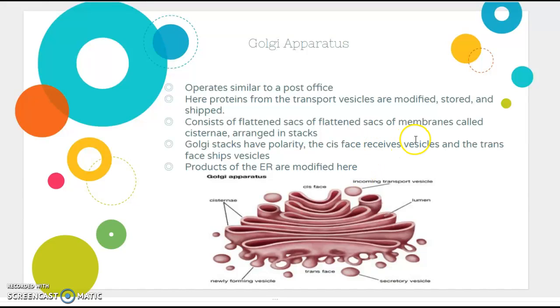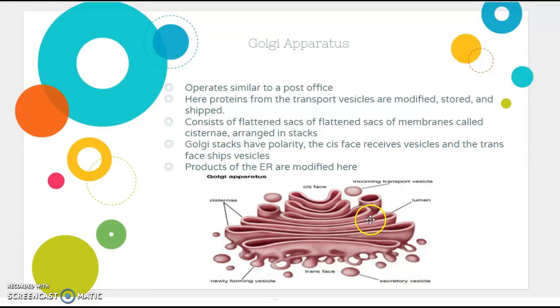Well, the cis face is where those transport vesicles come in. So they leave the ER, they come to the cis face of the Golgi, and then inside this area here, that's where they're modified, stored, and then shipped out. And when they're ready for shipment, they leave out the trans face and these secretory vesicles that you see here.